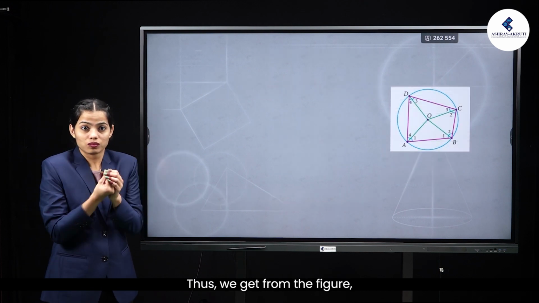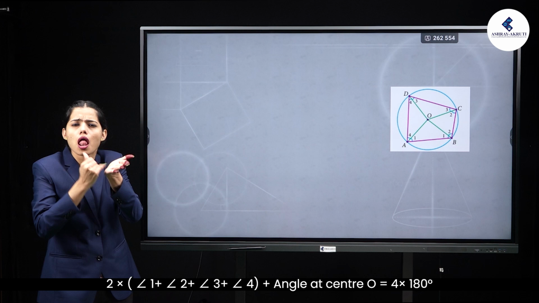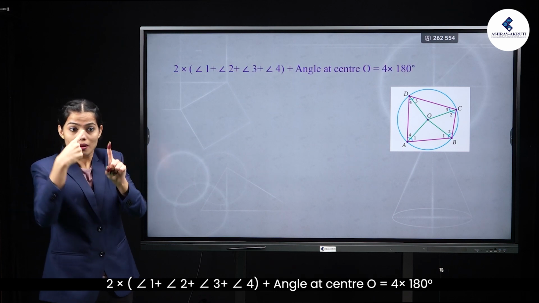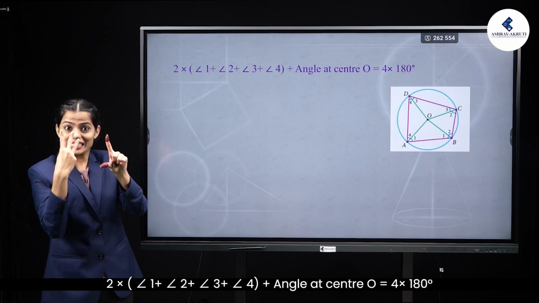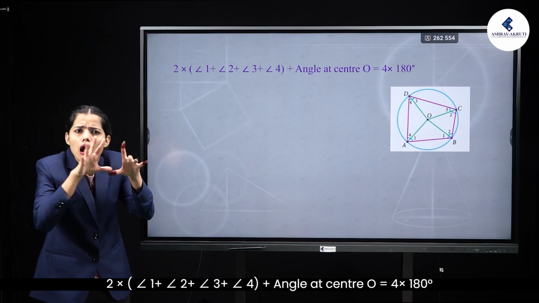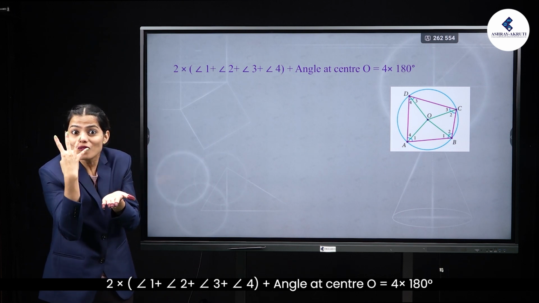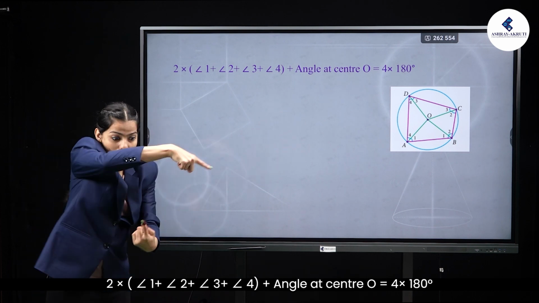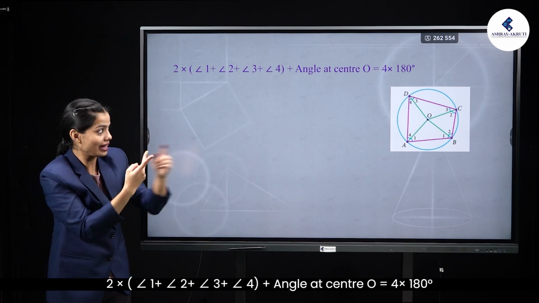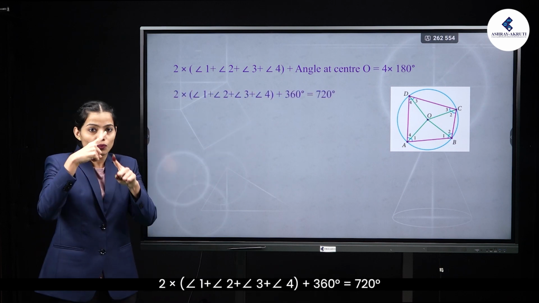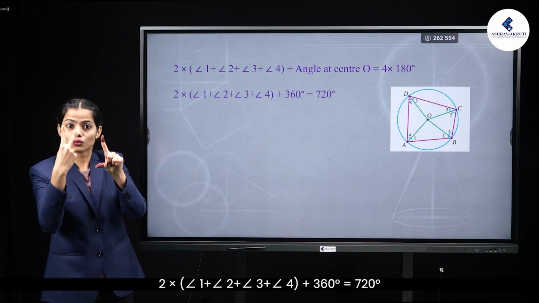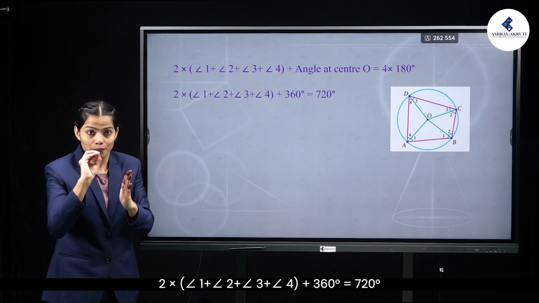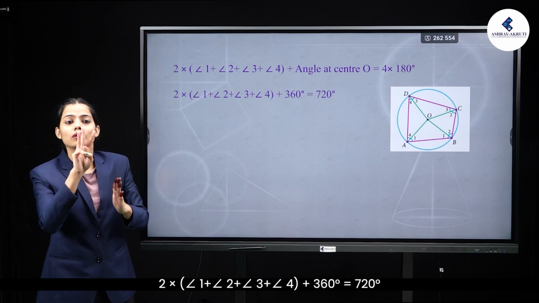Thus, we get from the figure 2 into (angle 1 plus angle 2 plus angle 3 plus angle 4) plus angle at center O is equal to 4 into 180 degrees. Two into (angle 1 plus angle 2 plus angle 3 plus angle 4) plus 360 degrees is equal to 720 degrees.